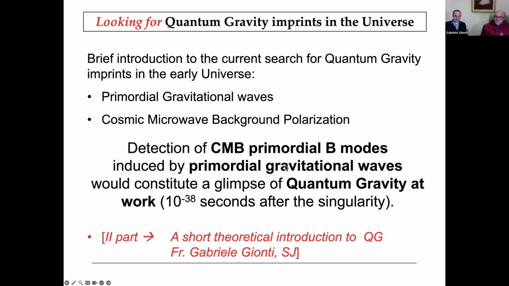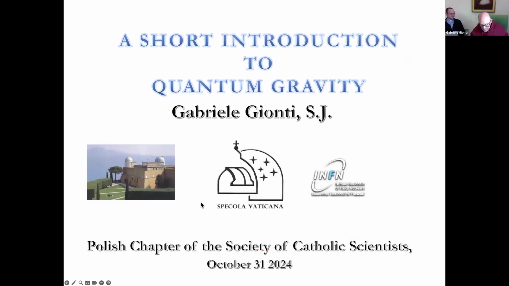The detection of primordial B modes induced by primordial gravitational waves would bring us a glimpse of quantum gravity at work, very close to the initial singularity. Thanks for your attention. And now Father Gabriele will speak to us about quantum gravity.